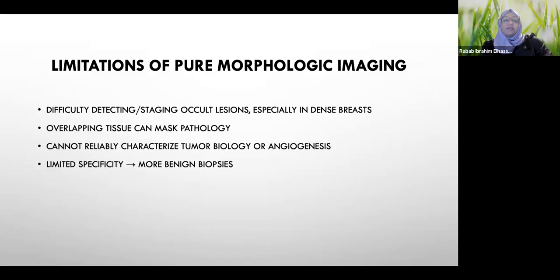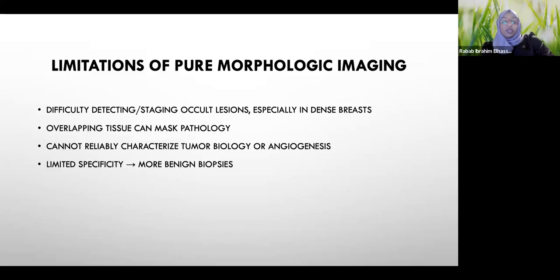Overlapping tissues can mask pathologies, and for this reason assessment of tumor size might be problematic in morphologic imaging. We have all encountered lesions that we cannot measure accurately in mammogram or ultrasound, or there is a size discrepancy between the two.